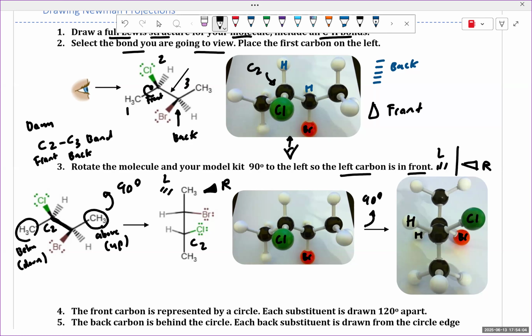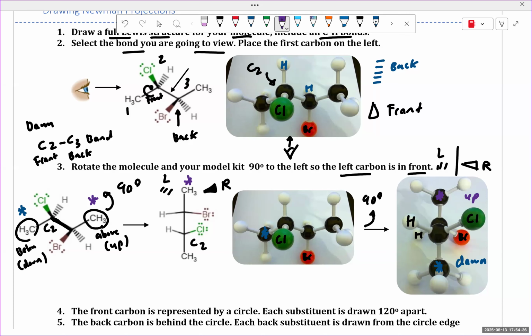Let me just put a star next to this CH3 group. This CH3 group has ended up here. Do you notice how it is pointing down, as in pointing towards the bottom of the page? While at the same point, the CH3 group that was above, pointing up, ends up pointing up towards the top of the page.